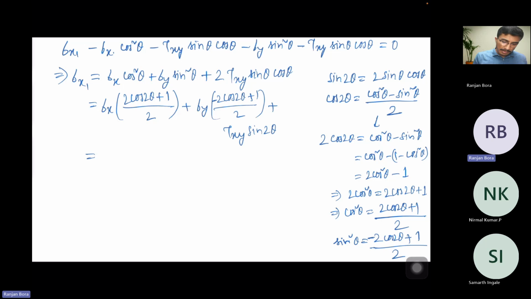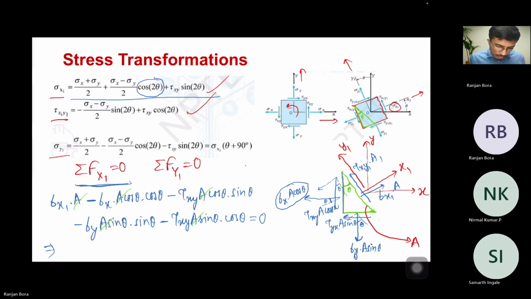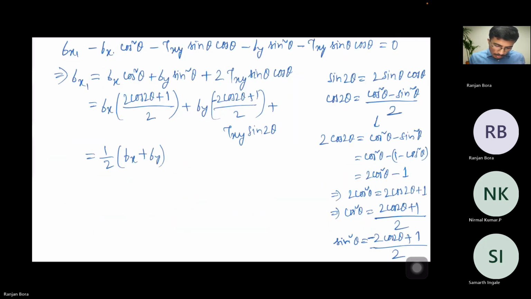Now if we take this 1 by 2 common, then it is sigma x plus sigma y, and one more term, we need to take sigma x minus sigma y.